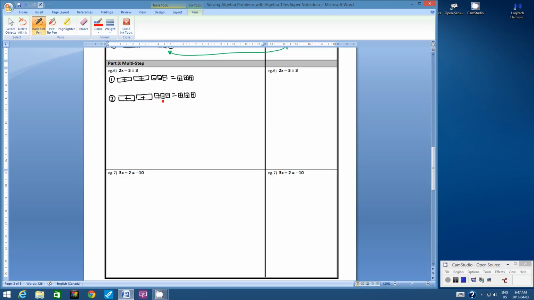I want to get rid of the 3 negative tiles. Remember how to do that from our Part 1 video? To get rid of 3 negative tiles, we add 3 positive tiles. It has to be exactly 3 positive tiles because I don't want any leftovers. I want to create perfect zero models. And whatever I did to the left-hand side, I have to do to the right-hand side.